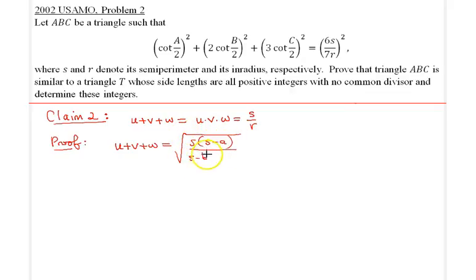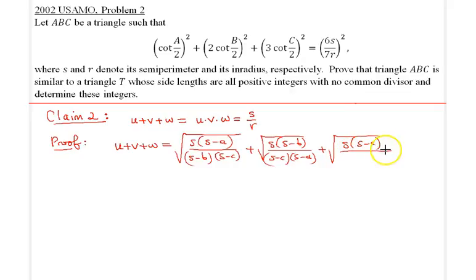Over S minus B times S minus C plus the square root of S minus B, S minus C times S minus A plus the square root of S minus C, all divided by S minus A times S minus B. So we can actually simplify these expressions.